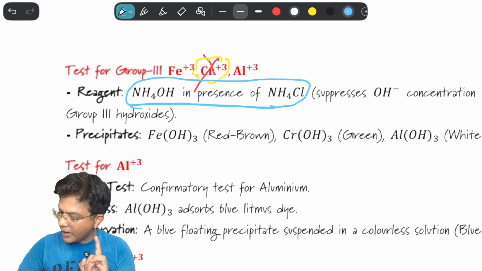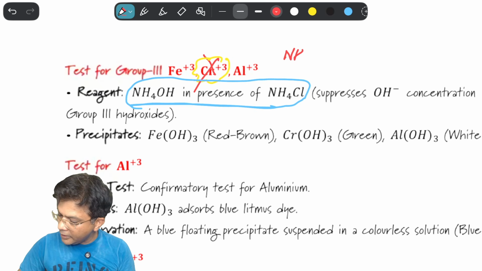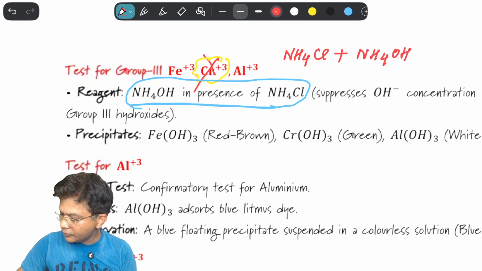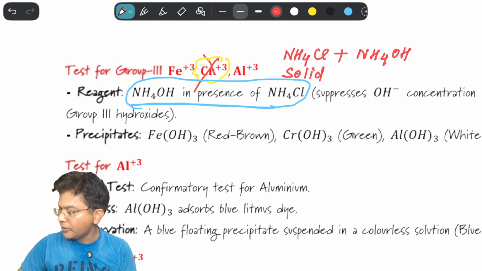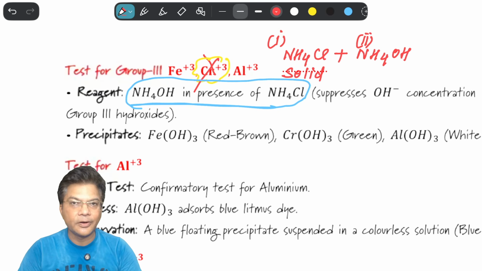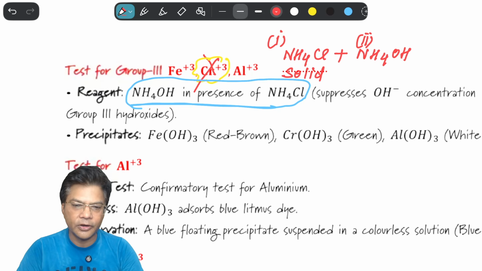First, you have to add solid ammonium chloride, and only after that add ammonium hydroxide. Remember that. This is the sequence, and the chemistry is Le Chatelier principle, common ion effect, simultaneous solubility. But right now I will not talk about it.